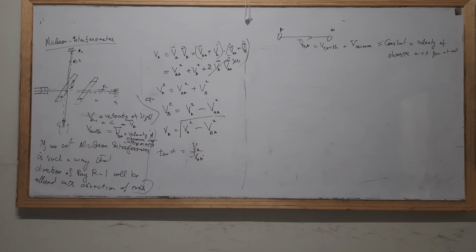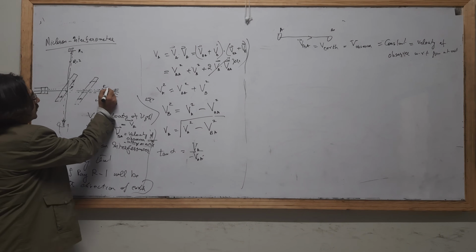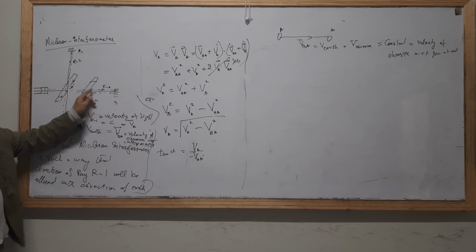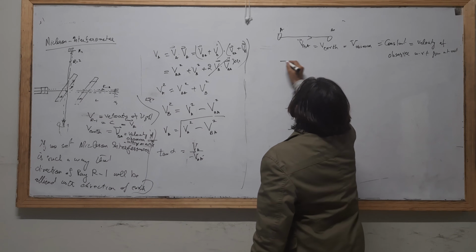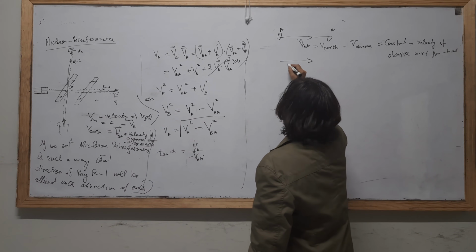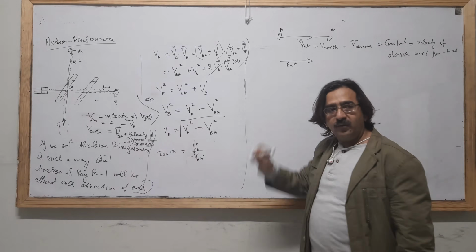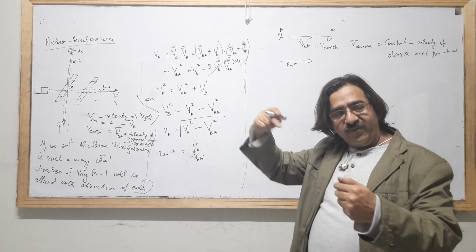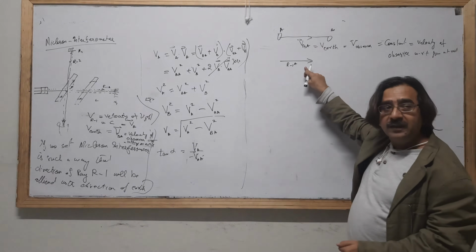Now these are aligned. Here is ray 1, this is ray R1A. This is VBA, and this is R1A, the ray 1 at A. So if it is moving, both have the same direction, VA and VBA.